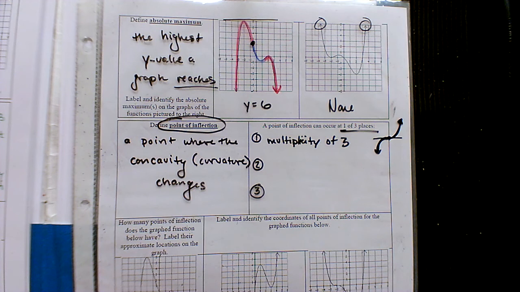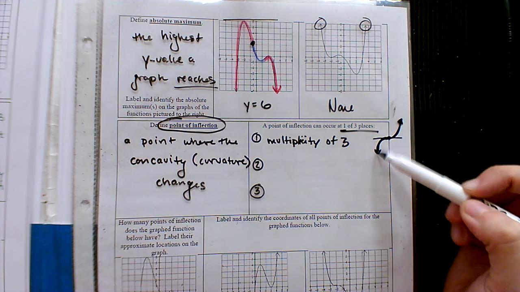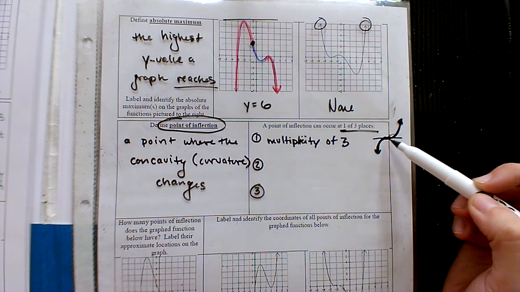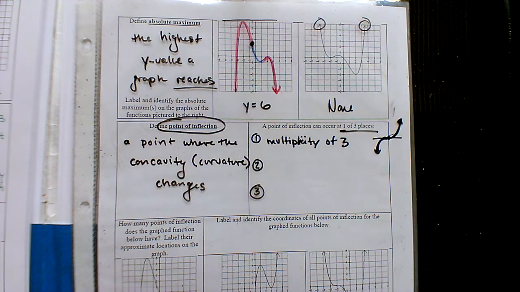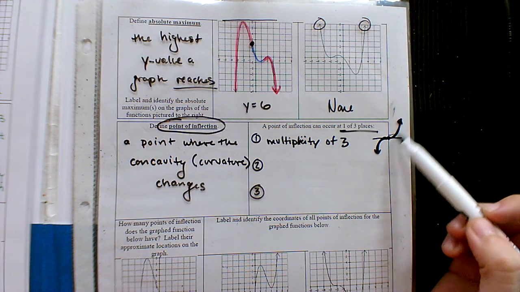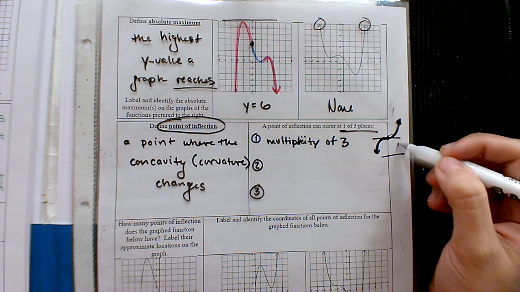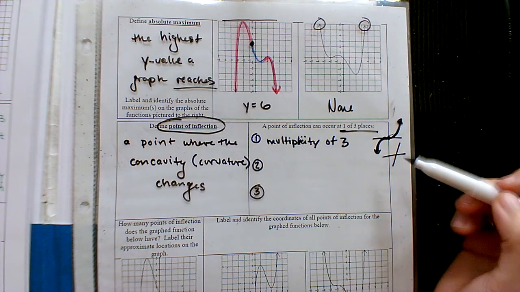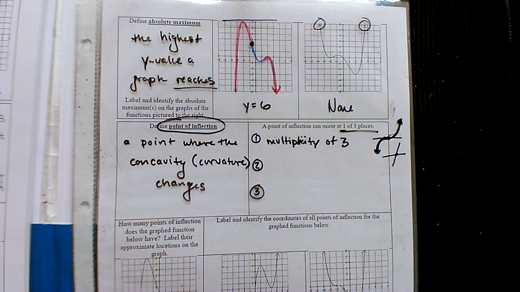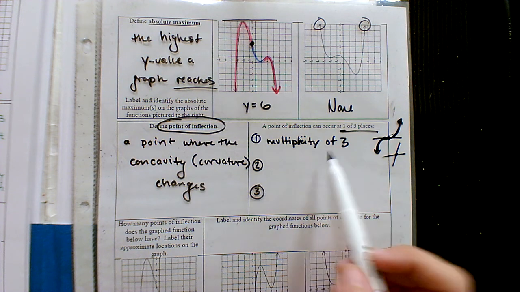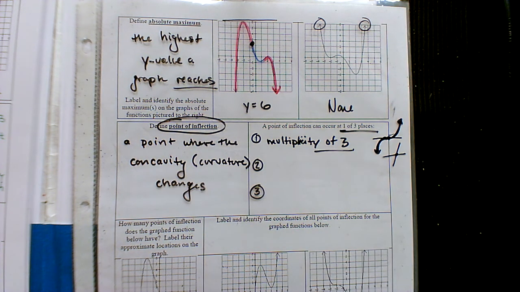So you have that change in curvature. We go from concave down to concave up. Since we're going through levelly, it kind of flattens out, and that's what's creating the curvature change. That's not the case if we had a multiplicity of 1, because if it's a straight line, there's no curve to it, so there's no change. So multiplicity of 3 is one place where we can have a point of inflection.